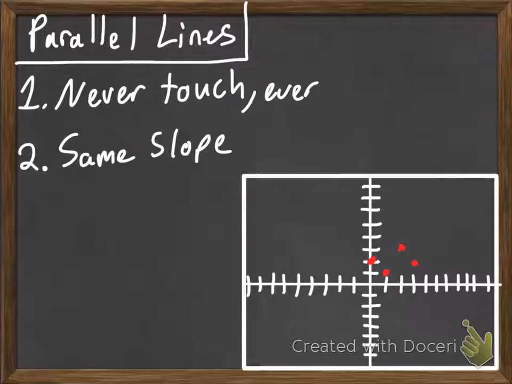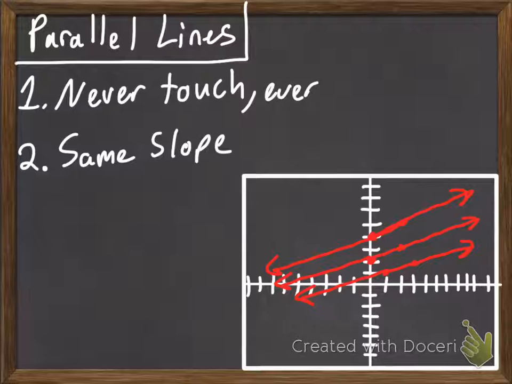You see how they look like they're in about the same area. If I draw a line through here, go up to 0, 4, up 1, right 2. You see that they pretty much look like they are never going to touch, despite my beautiful drawing. So, parallel lines never touch, they have the same slope.